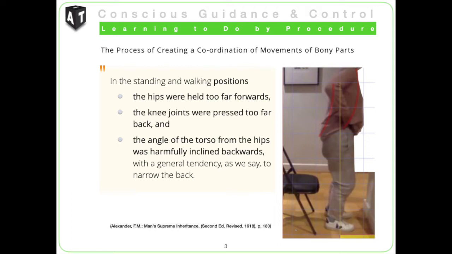So, what we see is the result of a training in the Alexander technique with the hands-on, and there is no blame whatsoever. It's just an objective image. We see that the person is standing, and we compare. And so, Alexander talks very curiously about positions. He says in the standing and walking position. It works quite well with standing. Most people think that standing is a position, but who would think that walking is a position?